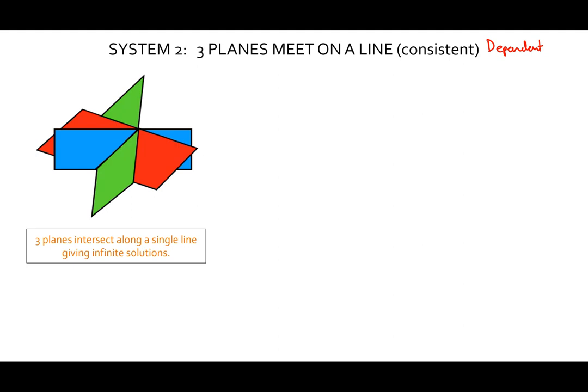We call it dependent because if you look at the equations, you might notice something. Here's our equations from before. I'm going to put the coefficients in here just to make it a bit more clear. Do you see it?